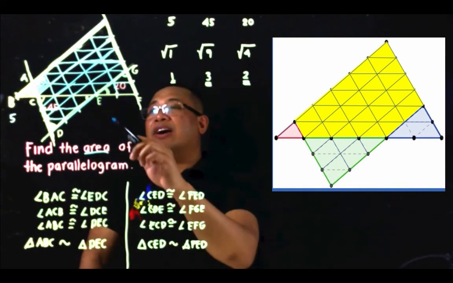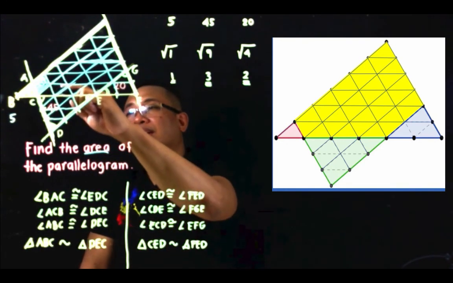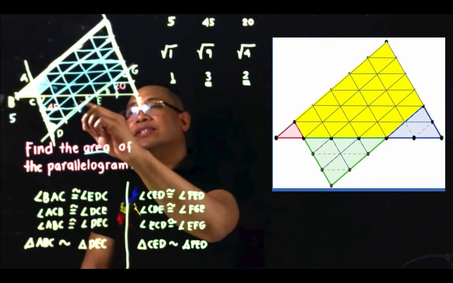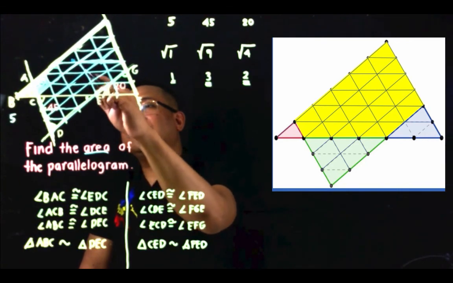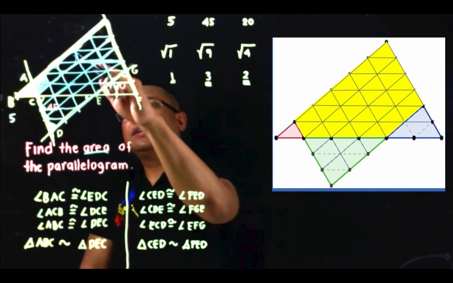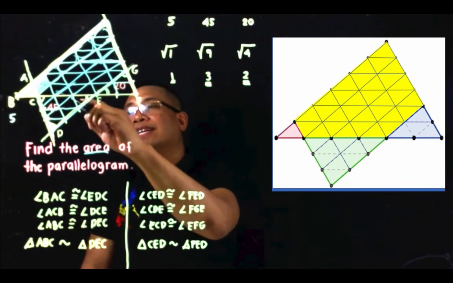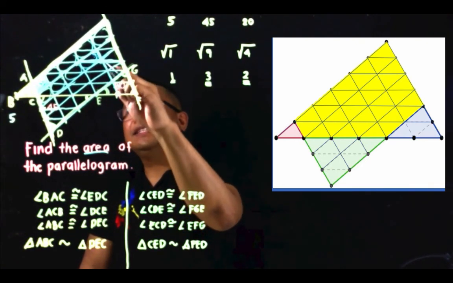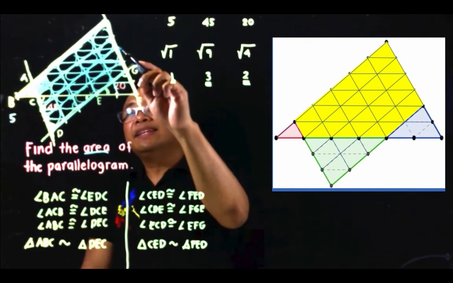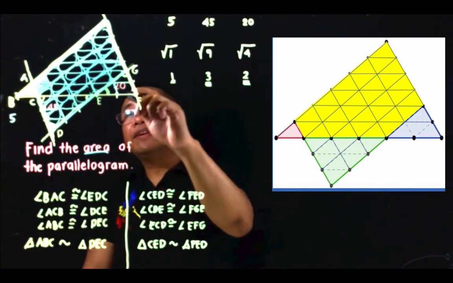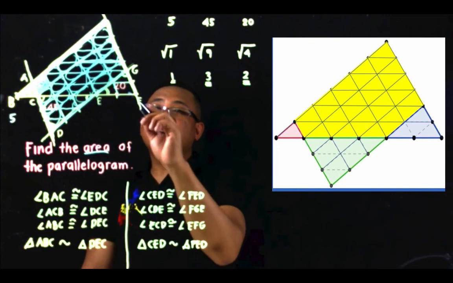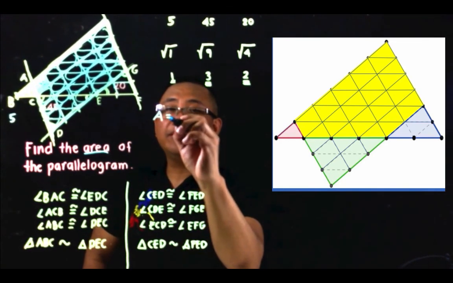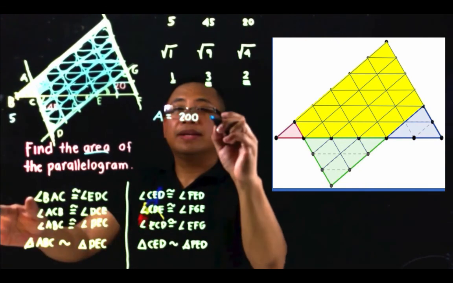So let's count how many like this there are all in all that tessellate or cover this parallelogram. So you have 10, 20, 30, 40, 50, 60, 70, 80, 90, 100, and then the other remaining 100 at the bottom. So this gives us a total area of the parallelogram equal to 200 square units.